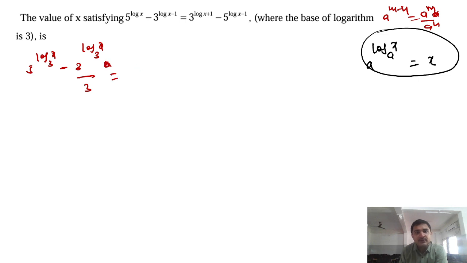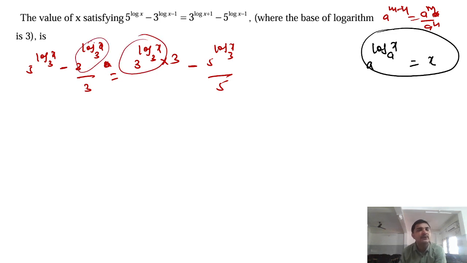That is equal to 3 power log x base 3 by, multiply by 3 this time, because plus is there in between, minus 5 power log x base 3 by 5. This is what we have. Now this value is equal to x, and this value is equal to x.